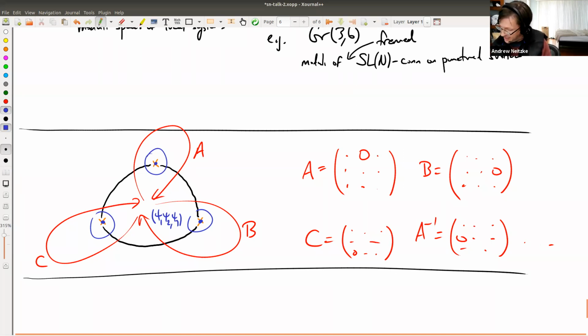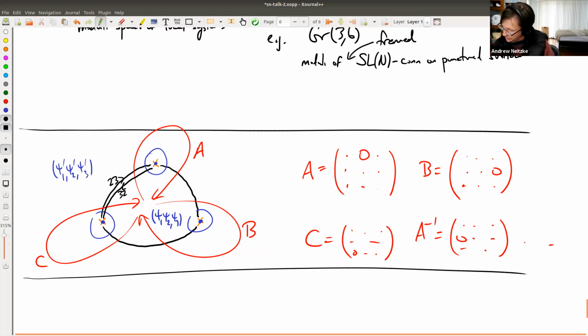And then there's going to be another basis of solutions out here, psi1 prime, psi2 prime, psi3 prime. And they're not totally unrelated, because these lines are Stokes curves carrying particular labels, like maybe 2, 3, and 3, 2. It's a degenerate thing, so they're hitting each other head to head.